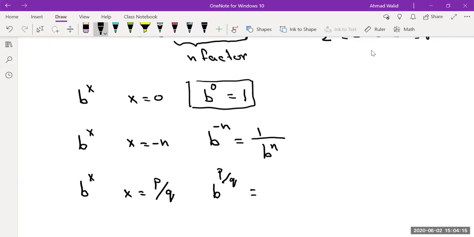We call this exponential notation, but you can change it to radical notation. b to the power of p over q means the q root of b to the power of p, or you can do the q root of b all to the power of p. You can change it to radical notation, or if you have a radical notation, you can change it to exponential notation. Correct?